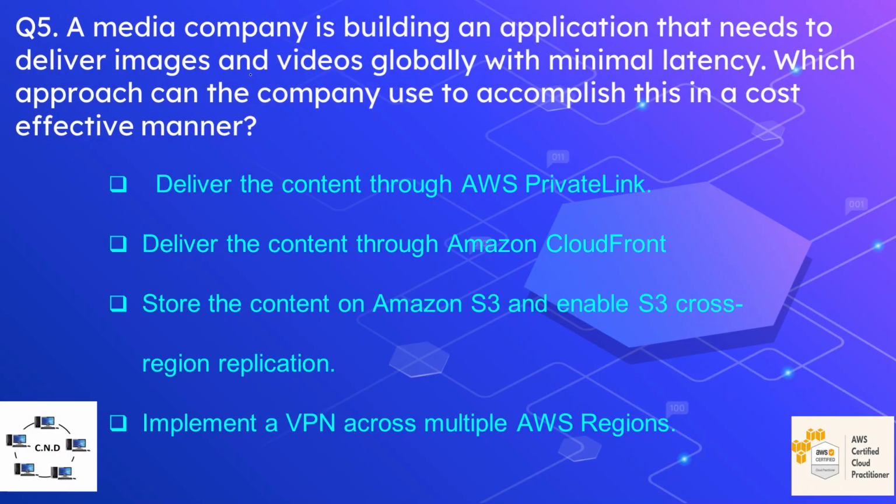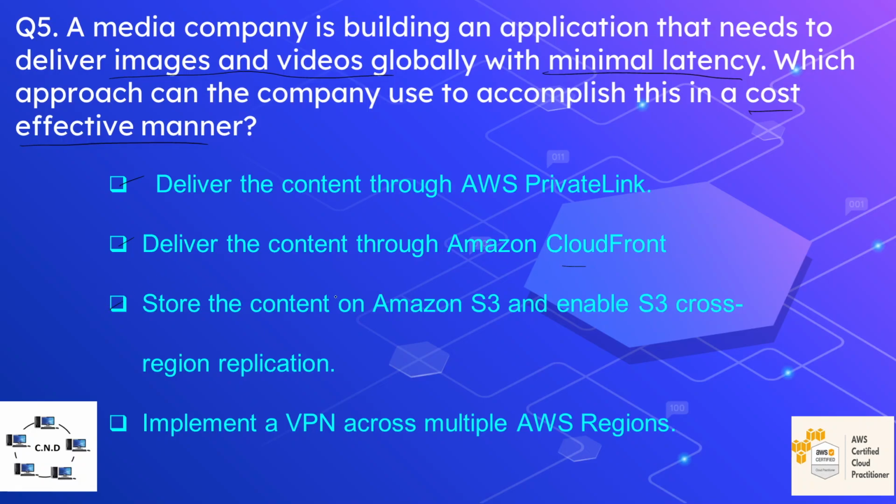Question number 5 is that a media company is building an application that needs to deliver images and videos globally with minimum latency. Which approach can the company use to accomplish this in a cost-effective manner? The options: option A is deliver the content through AWS PrivateLink. Option B is deliver the content through Amazon CloudFront.